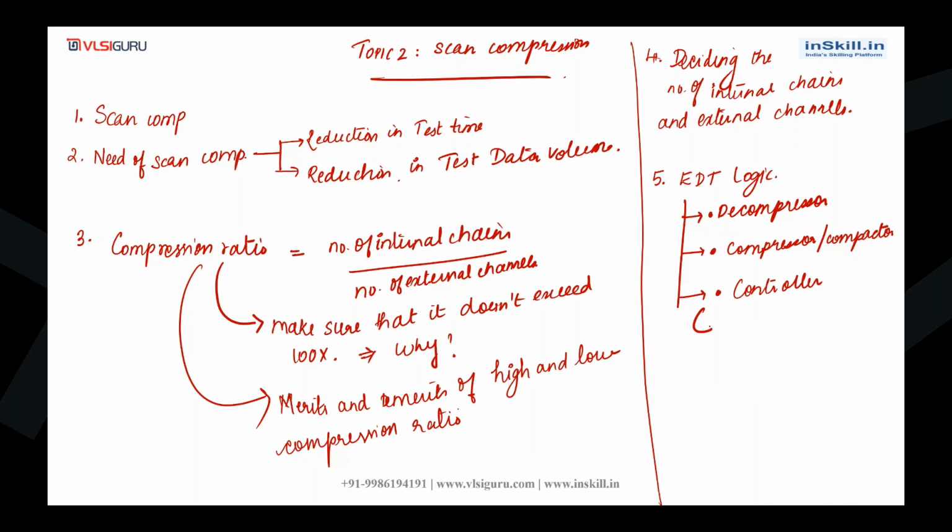Inside the controller block, you will be having the mask shift register, mask hold register, and decoders. Decoders, you have XOR decoder, one hot decoder, all those things will be there.